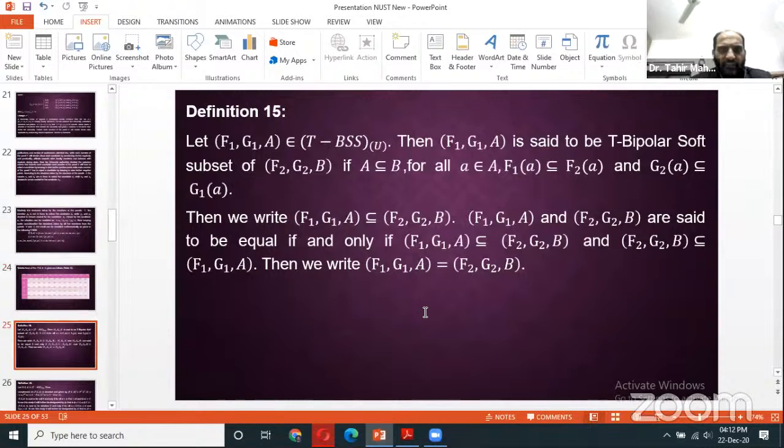Definition: let (F1, G1, A) be a T-bipolar soft set over U, then (F1, G1, A) is said to be a T-bipolar soft subset of (F2, G2, B) if A is a subset of B, and for all a belonging to A, F1(a) is contained in F2(a), and G2(a) is contained in G1(a). Then we write (F1, G1, A) is a subset of (F2, G2, B). (F1, G1, A) and (F2, G2, B) are said to be equal if and only if (F1, G1, A) is a subset of (F2, G2, B) and (F2, G2, B) is a subset of (F1, G1, A).